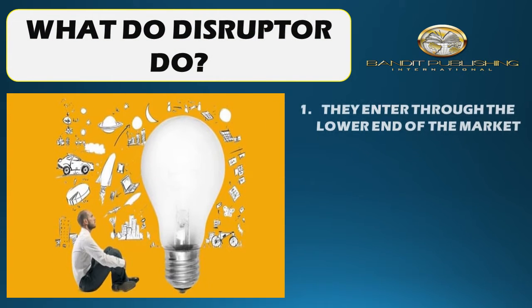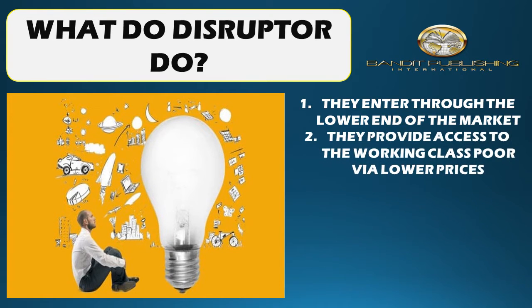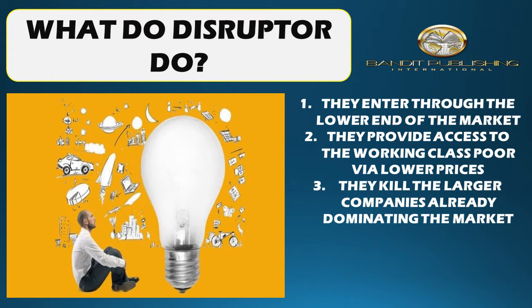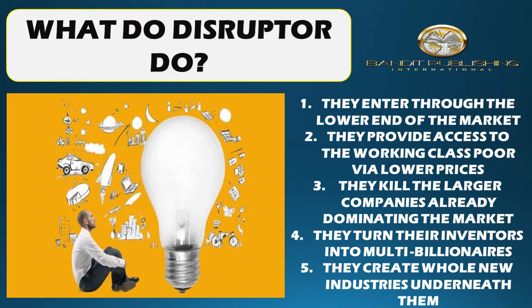So here is what disruptive innovations do. Here are the characteristics of disruptors. They enter the market through the lower end of the market. What that means is at the top of the market are all of the wealthy companies that are selling their current products to very moneyed and wealthy customers who could pay $1 million or $2 million for their product.